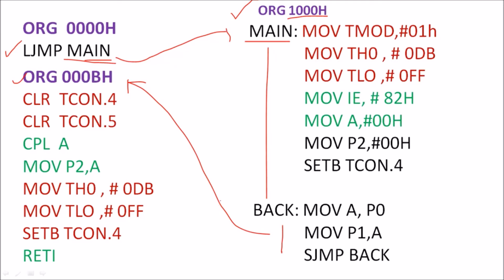So this is how we can write programs using interrupts of the timer. The same you can use for other interrupts also, like timer 1 interrupt and our hardware interrupts.